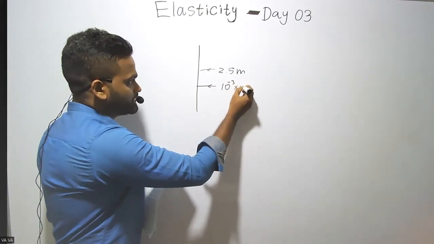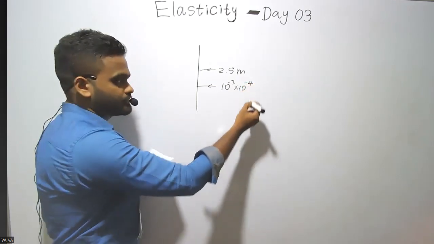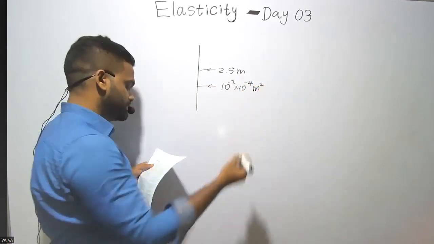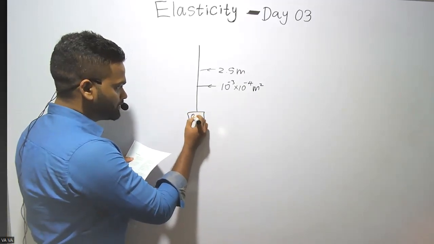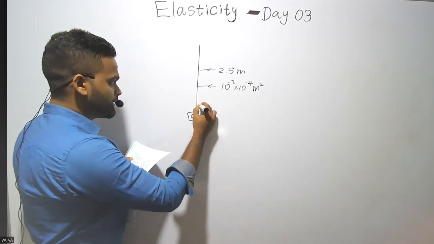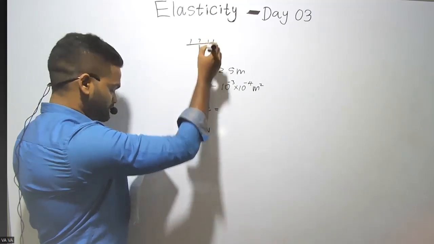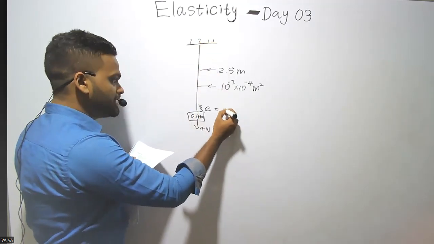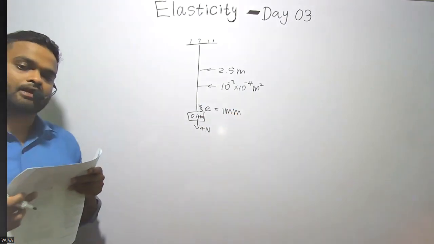You have to convert this into square meters, so multiply by 10 to the power -4 square meters. When a load of 0.4 kilogram, that is 4 Newton, is applied, the extension of the wire is given as 1 millimeter.